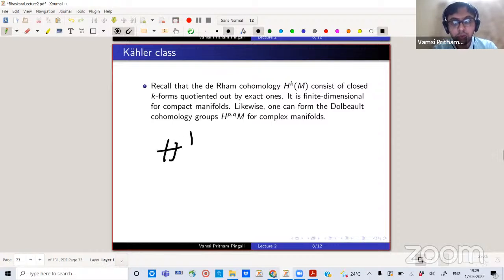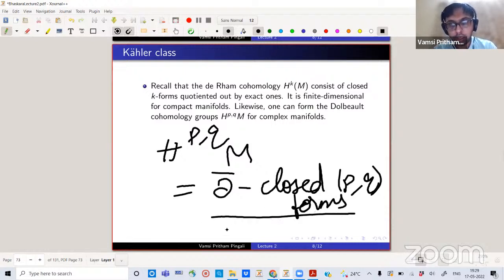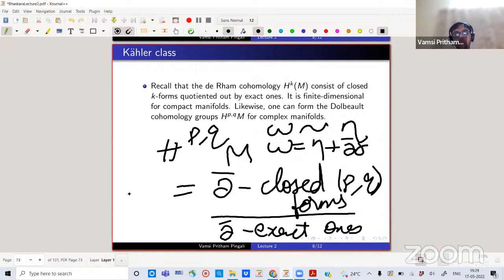So H^{p,q}(M) is simply the del bar closed (p,q) forms quotiented out by del bar exact ones. That is, omega is equivalent to eta if omega is eta plus del bar of some gamma, and del bar omega and del bar eta are both zero. So this is the Dolbeault cohomology.